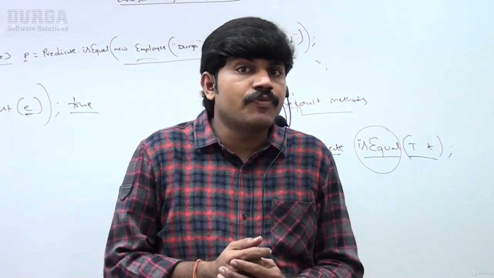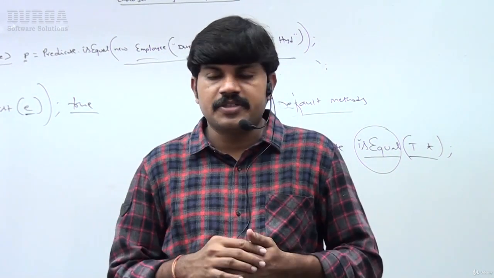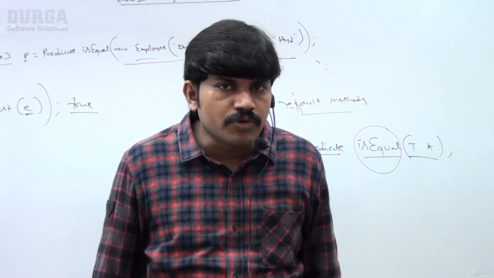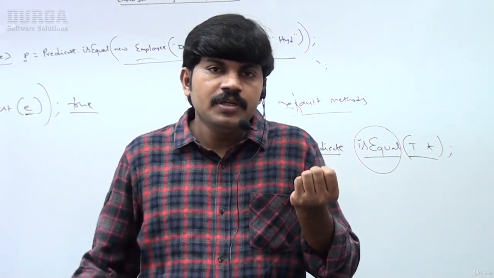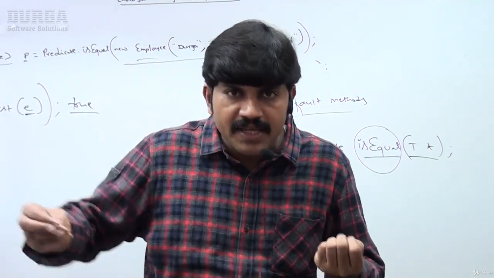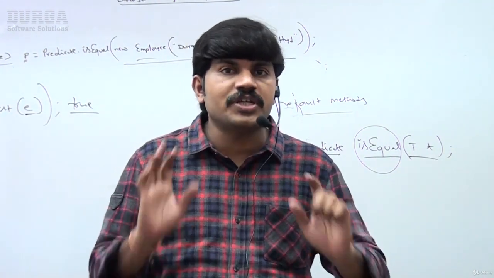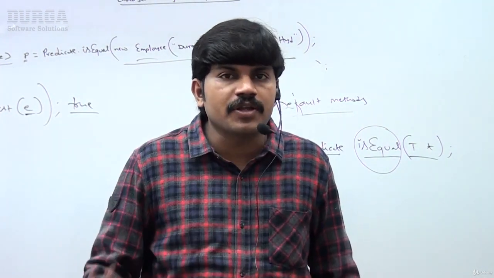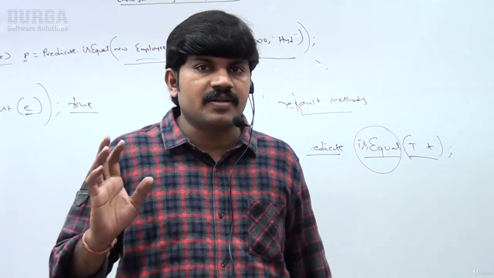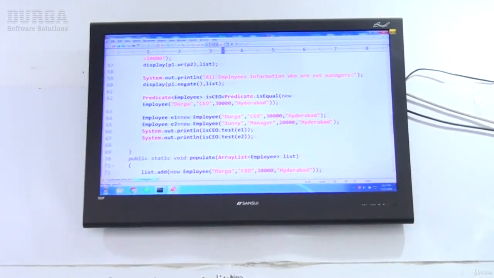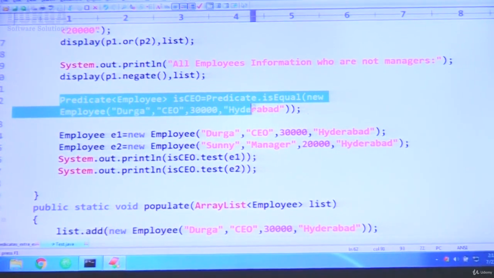How can you use it for our employee management application? Very simple, sir. To represent a CEO, I am going to create one predicate. In future, if you provide any employee, I want to check whether this person is the CEO or not. For that, happily we can use the isEqual method. Have a look once. Here I am creating a predicate. This line is very, very important, sir.